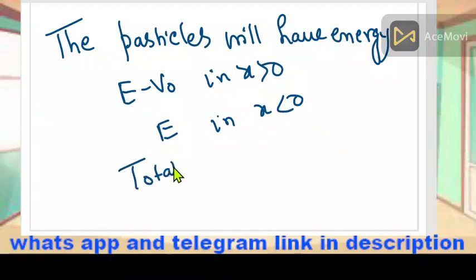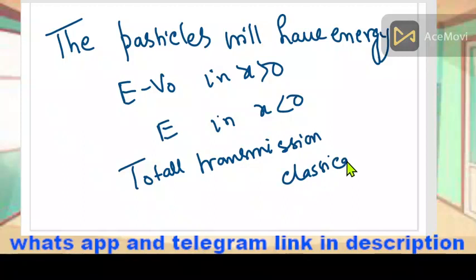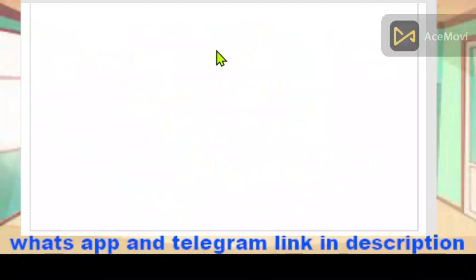So there is total transmission. Mind the word. Classically, what is predicted is total transmission. Means there is no chance of reflection. The particle will totally cross the barrier. There is no other option. There is no other possibility.